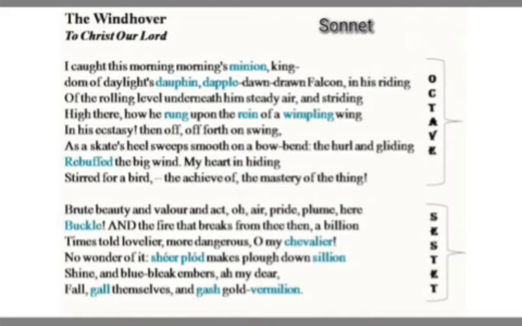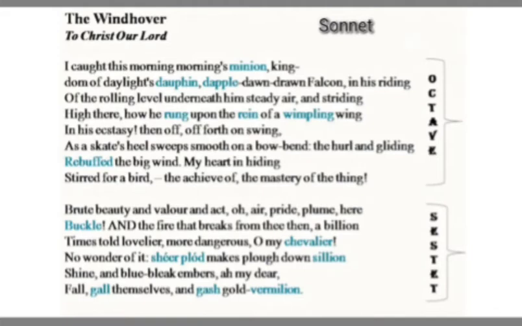So this poem also used another literary device. It's called alliteration. Alliteration means words that begin with the same letters or with the same sound placed closely together. So if you look at the first line of the poem, I caught this morning's minion.